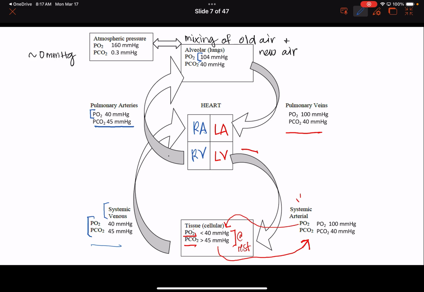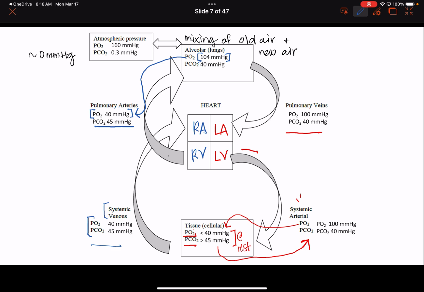Whatever's lower, which is the blood. If it's 104 in the lungs and only 40 at the blood here, it's going to want to move towards the blood. This makes sense because this blood is deoxygenated, so we want to pick up oxygen so that when we're on the other side of the capillary bed, we have freshly oxygenated blood that can now be delivered to the tissues.